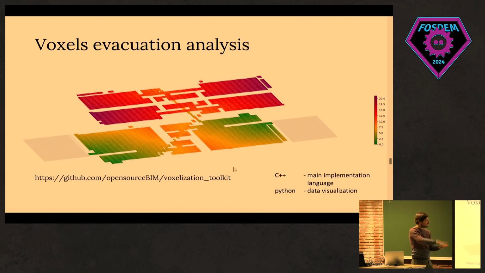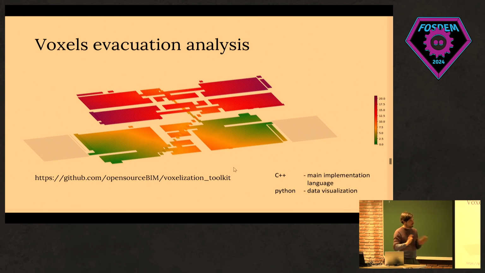I flatten it over the z-axis to get a 2D grid of just the mass that we can walk on. And then you can just do topological queries again on those to see how long is the evacuation distance from a particular point.